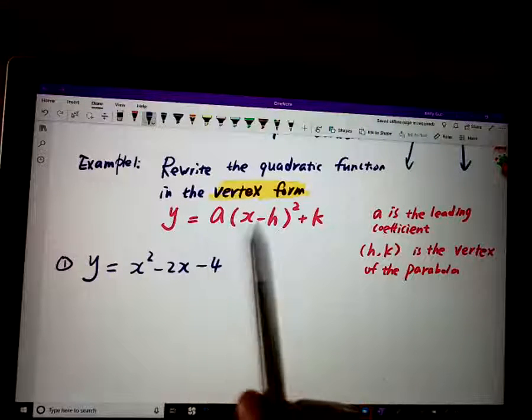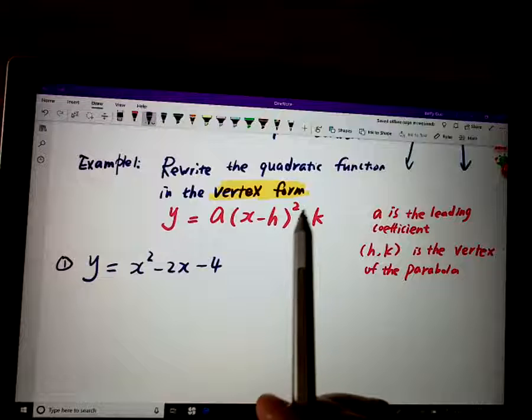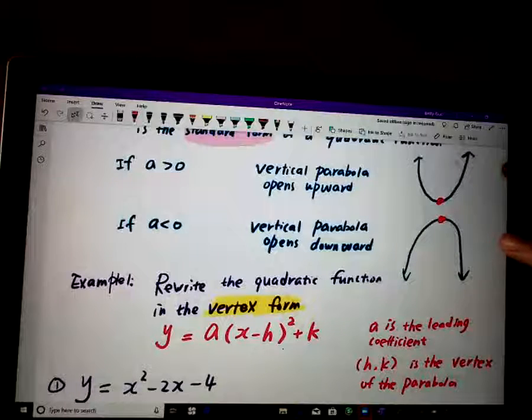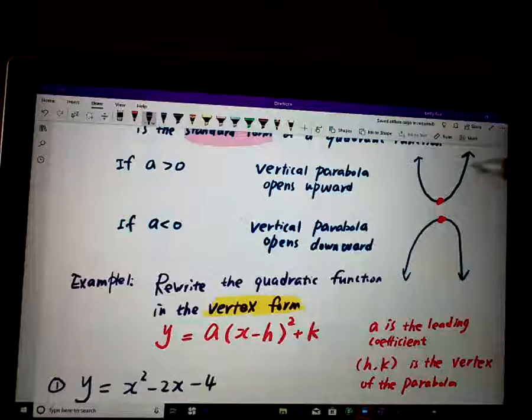The purpose of rewriting the function in the vertex form is to identify the vertex. What's the title of this section? Graph the quadratic function, right? We know the graph is a parabola. When we graph the parabola, we want to know the location of the vertex, the x-coordinate and y-coordinate of the vertex. Then we can draw the parabola, right?